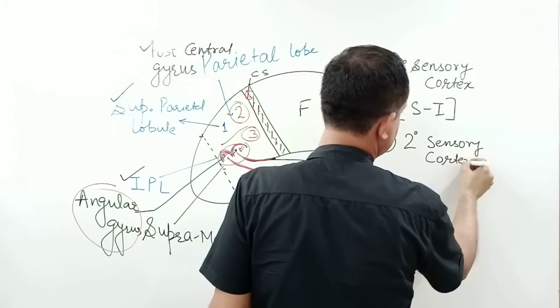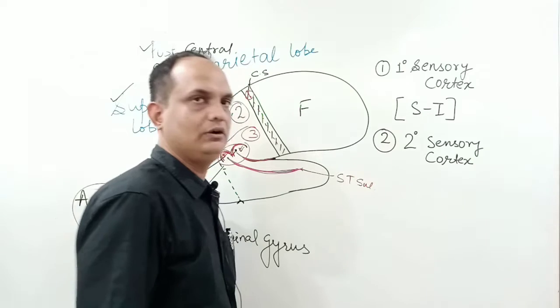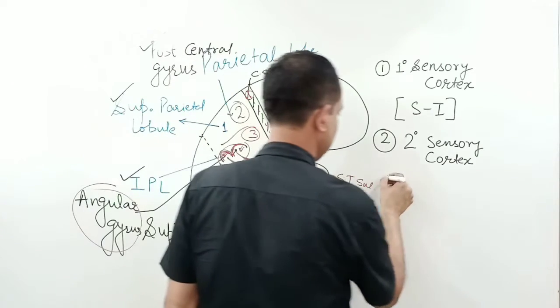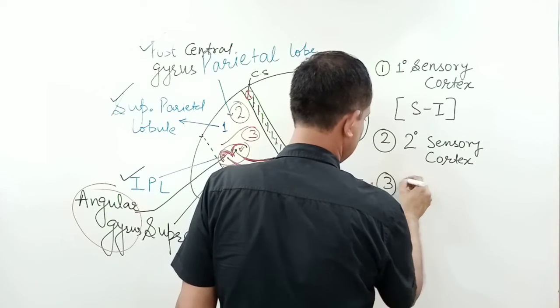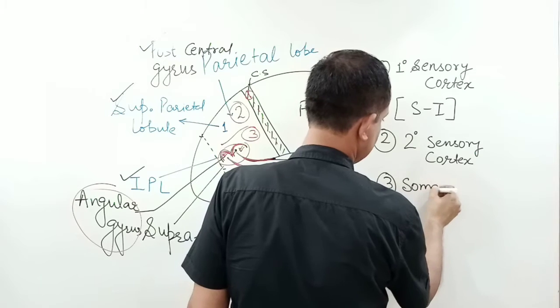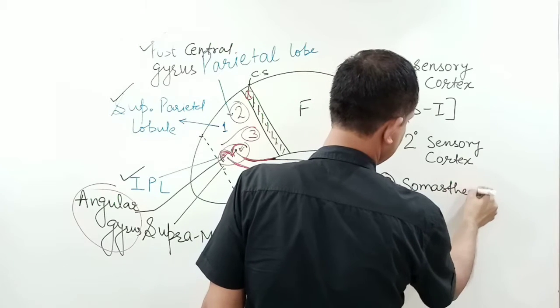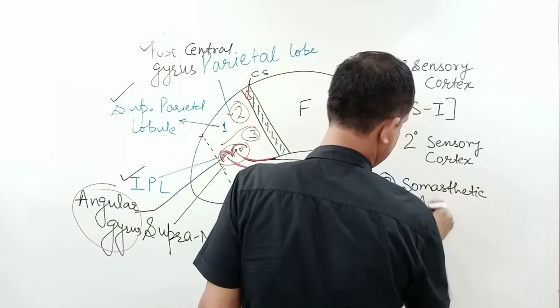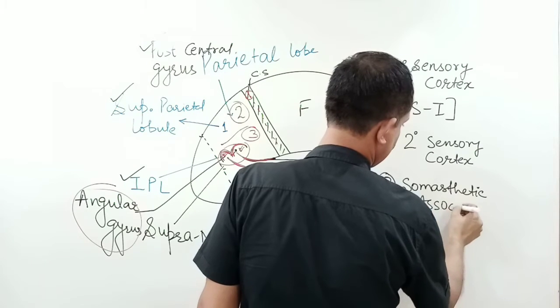Second, we will see the secondary sensory cortex. And third is the somesthetic association area.